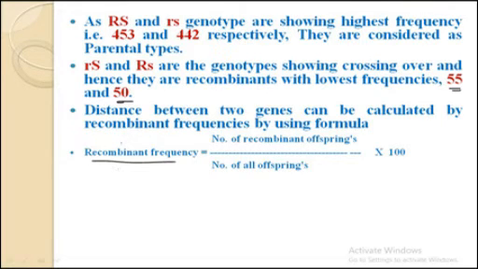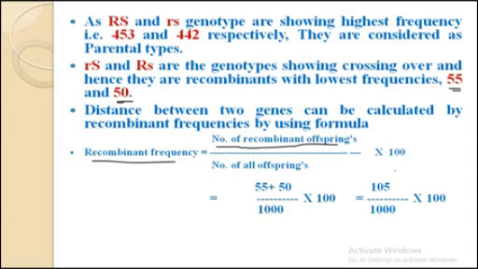So recombinant frequency equals the distance between two genes. See here, we are only selecting the number of recombinant offspring, not considering the number of parental offspring, divided by the number of all offspring and times 100.